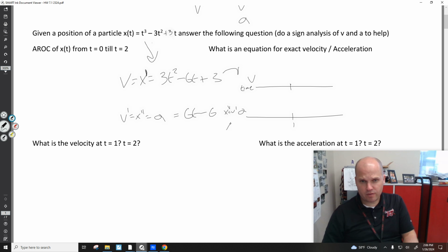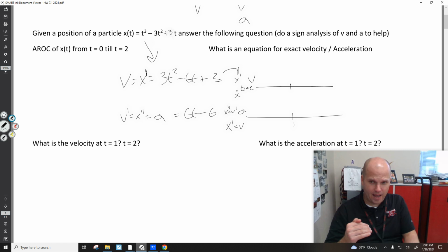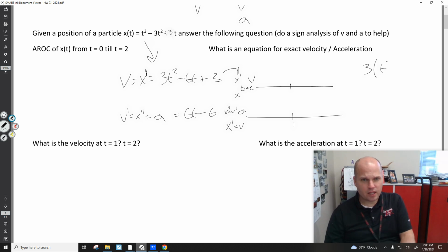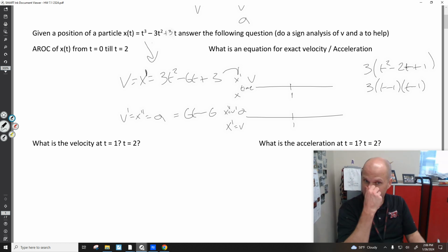The second derivative tells me about the first derivative, or a tells me about v. The first derivative tells me about x. x prime will tell me about x. Now I could factor out a 3 and I get t squared minus 2t plus 1. I could factor this to be (t minus 1)(t minus 1). So I get 1 for both.